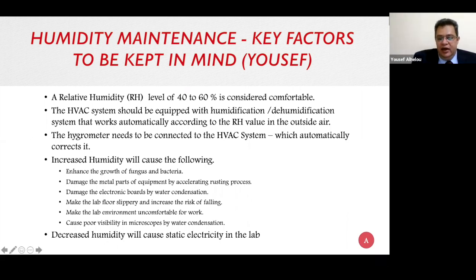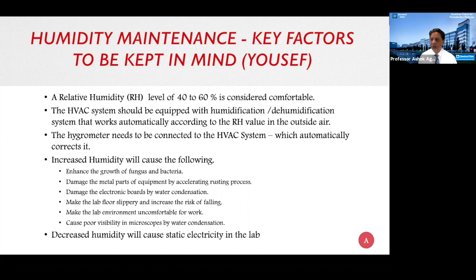When condensation forms in the electrical parts, it can damage the electric boards of equipment and make the floor slippery, increasing the risk of falling and making the environment unhealthy for working. On the other hand, decreased humidity can cause some static electricity in equipment and in anything you touch in the lab. Thank you, Yusuf.